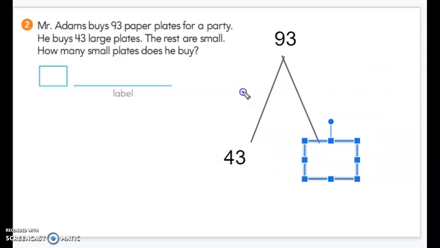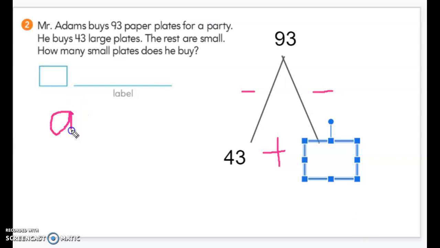So then I'm going to add my subtraction and my plus, and I can do my add up method. 43 plus what equals 93? Or I could do 93 minus 43 equals what? Go ahead and solve. Hit pause to solve and then hit play to check your work.